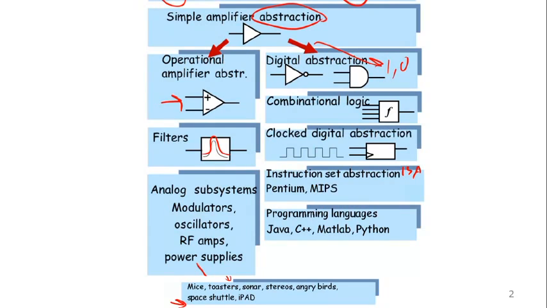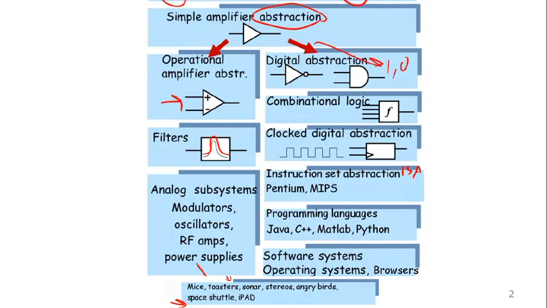Following that, we will build another level of abstraction. Trying to build systems using instructions in the ISA of a microprocessor is just way too complicated still. So we build higher level languages. And I'm sure many of you are familiar with languages such as Java, Python, C++, and so on. Following that, we build software systems or hardware systems such as operating systems and web browsers and things of that sort.